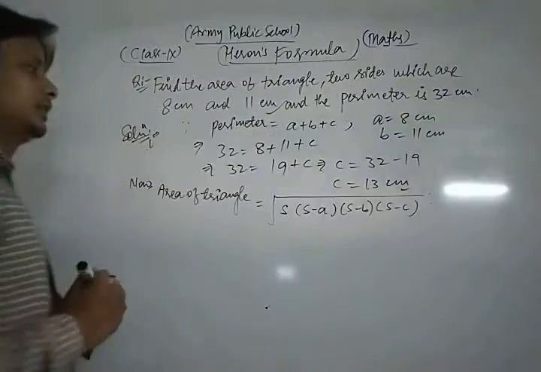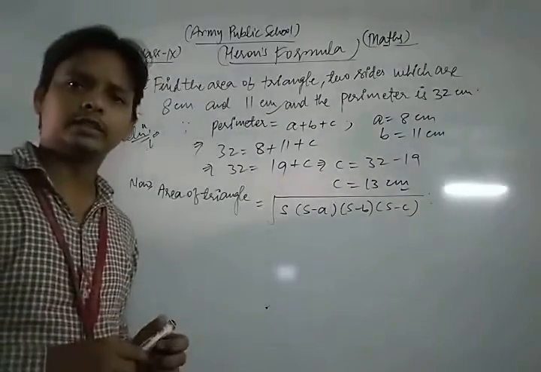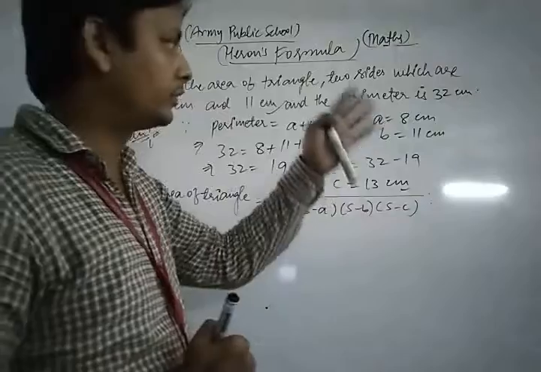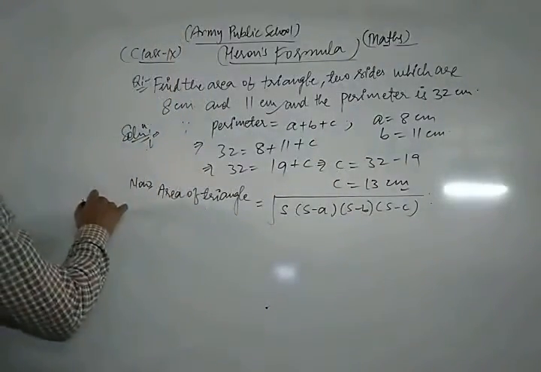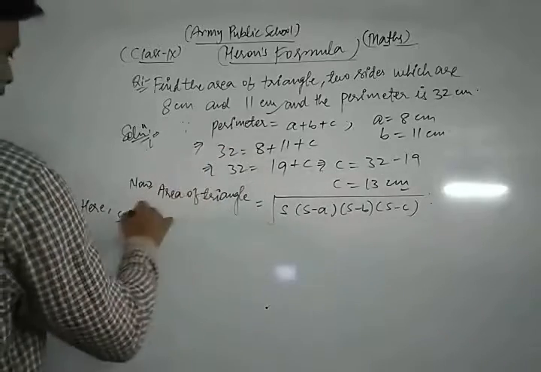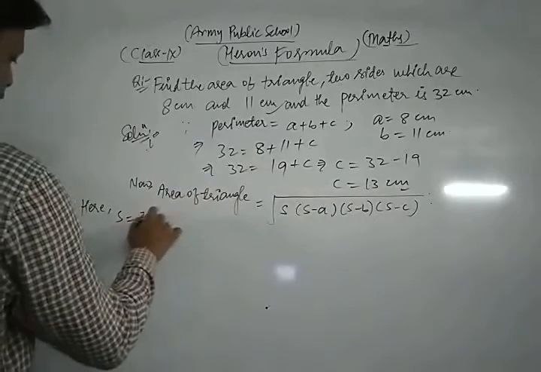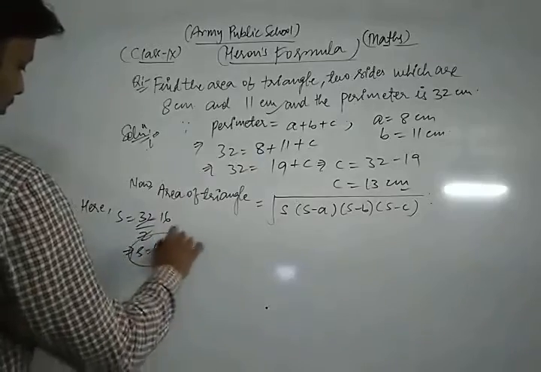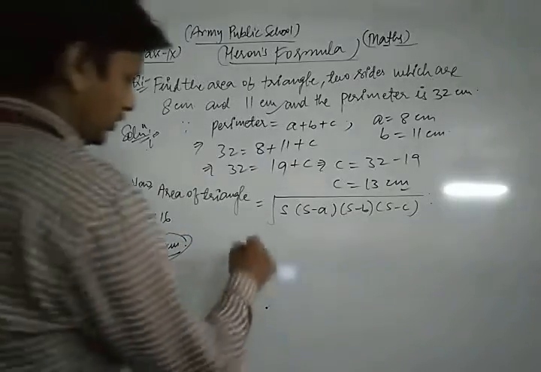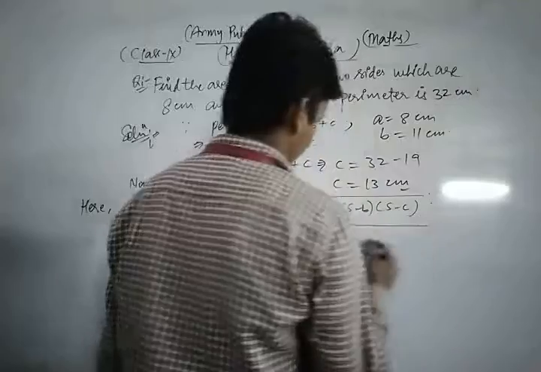Now we find the semi perimeter s, and we know that the semi perimeter is half of the perimeter. Here the value of s is half of the perimeter, 32 upon 2, that is 16. So the value of s is 16 centimeter.